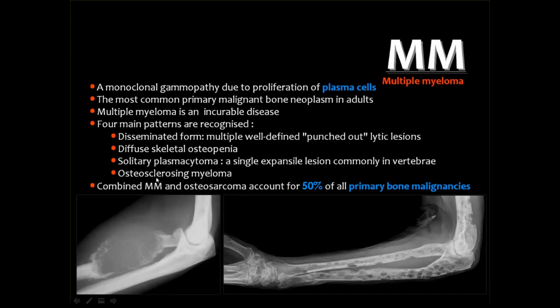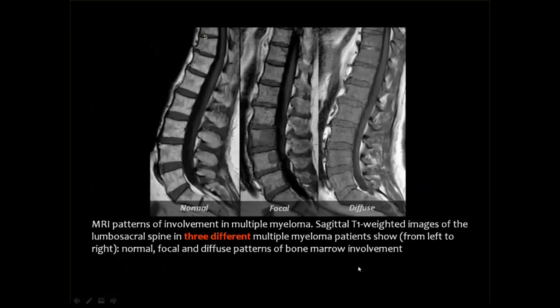Then the sclerosing type of myeloma, which is considered a rare manifestation because myeloma is mostly an osteolytic disease. Combined, multiple myeloma and osteosarcoma, these two main tumors, represent about 50% of all primary bone malignancies. Osteosarcoma, of course, you know is the most common primary malignancy in young age.